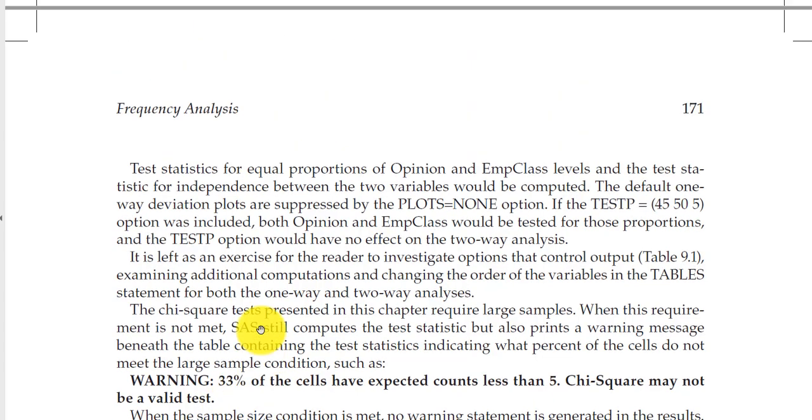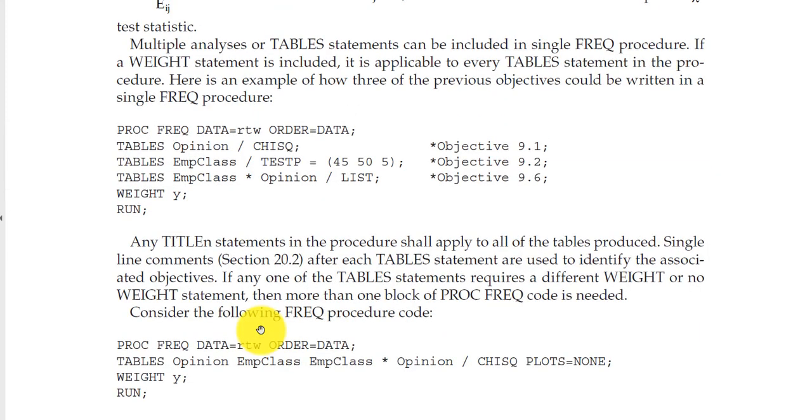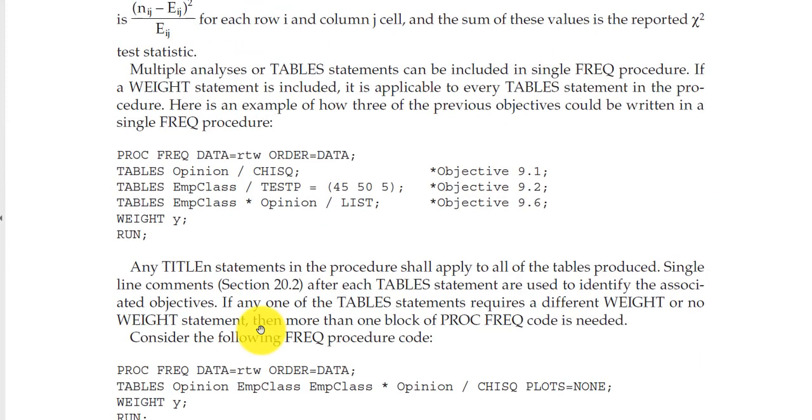Additionally, whenever you're programming and you have a number of requests, we did things here where we had multiple proc freq procedures. You can use more than one table statement. They can be a one-way analysis, two-way analysis. They can have different options. You can stack all of those up.